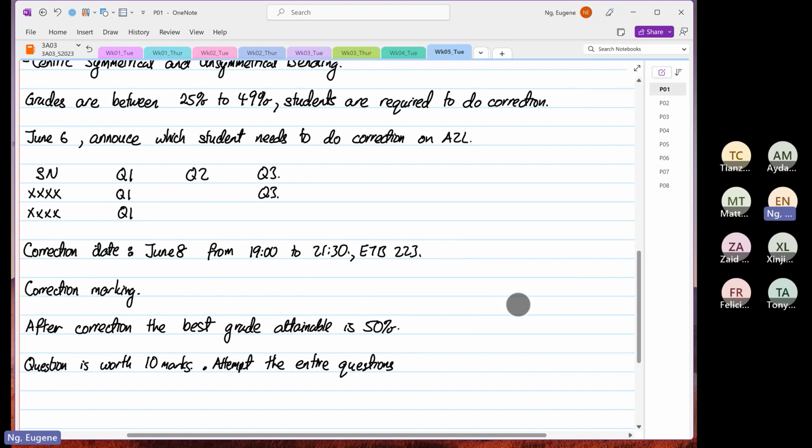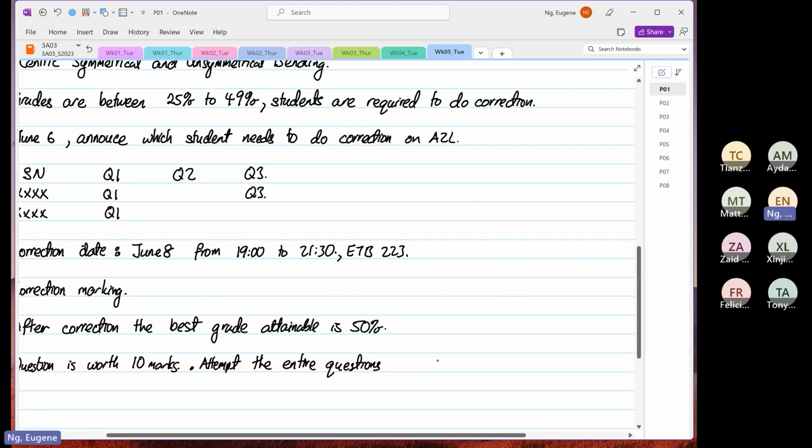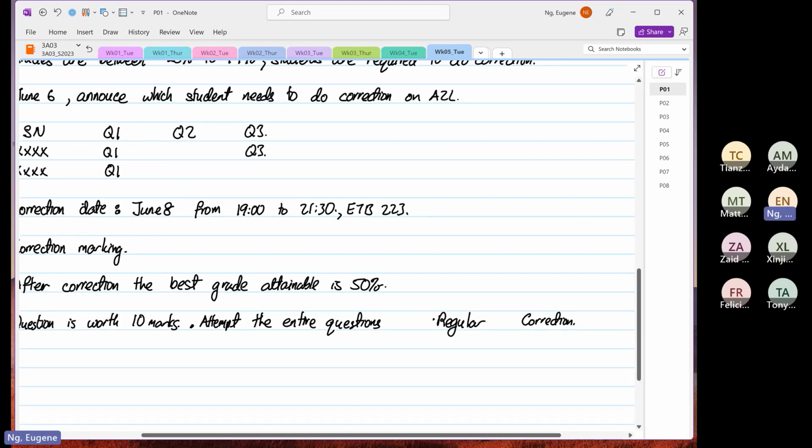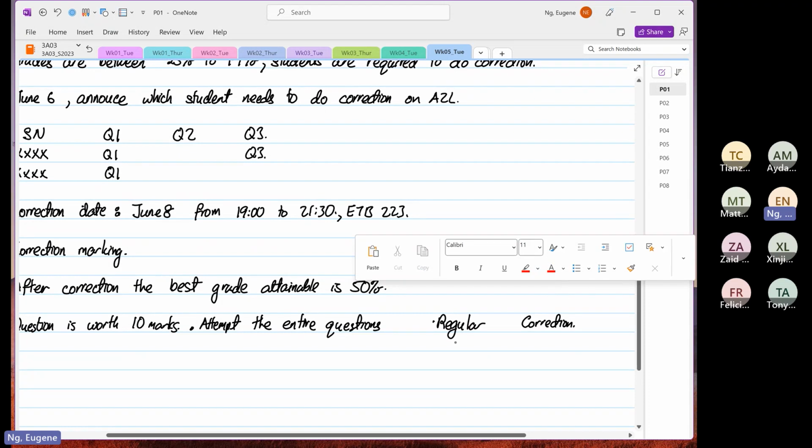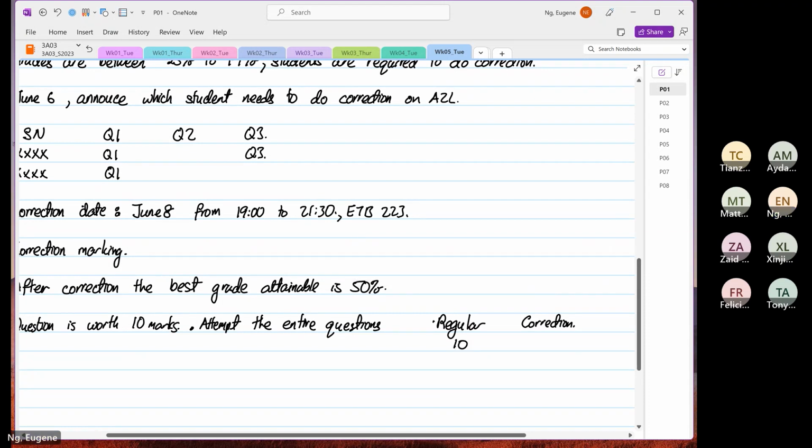So this is the regular, and this is the correction. In the regular, if you get the whole question right, it's worth 10 marks. In the correction, if you get the whole question right, you get 5 marks.